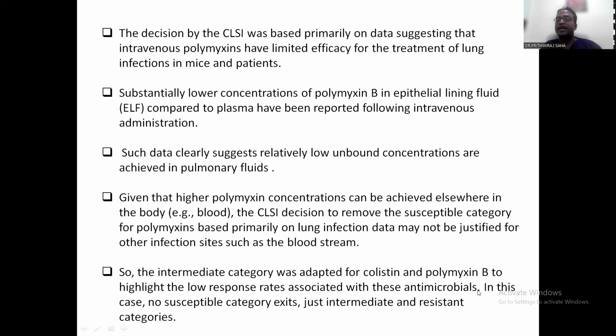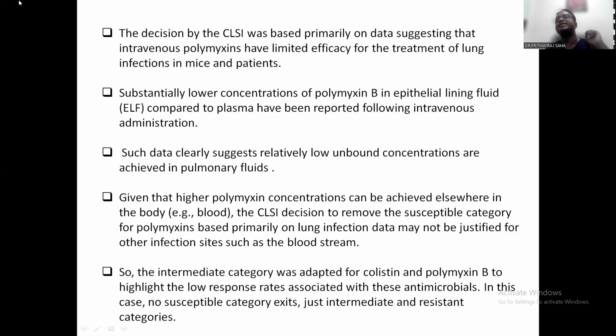The clinical response is poor as the concentration achieved in the alveolar epithelium is very, very low. So for these two drugs, polymyxin B and polymyxin E, CLSI introduced the category I, but EUCAST continues to term them susceptible, right?